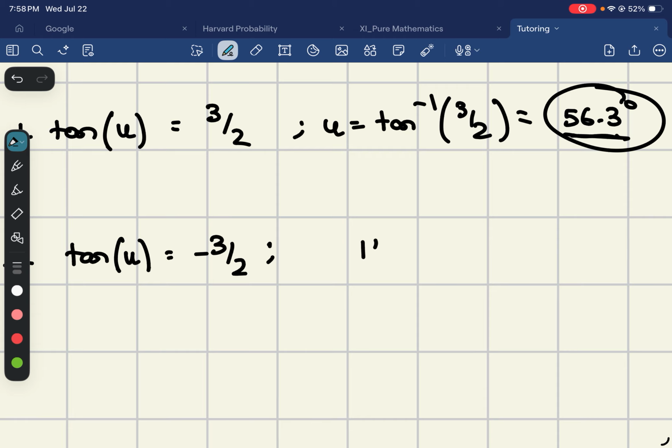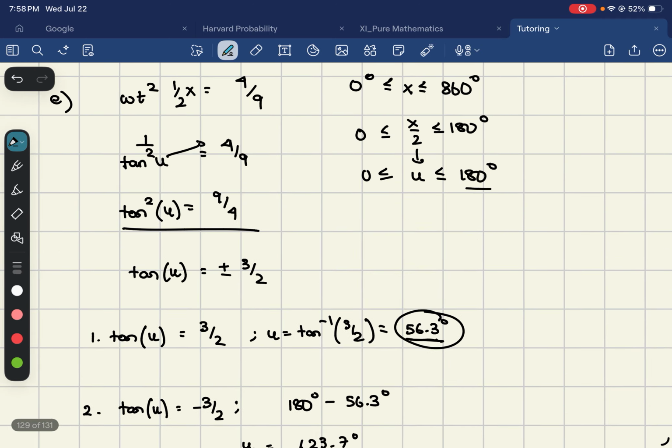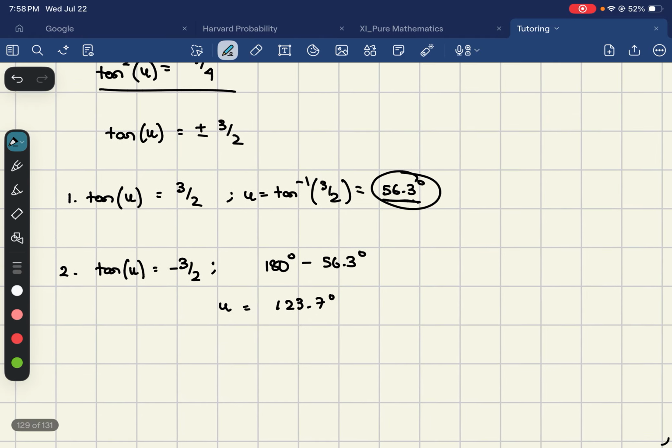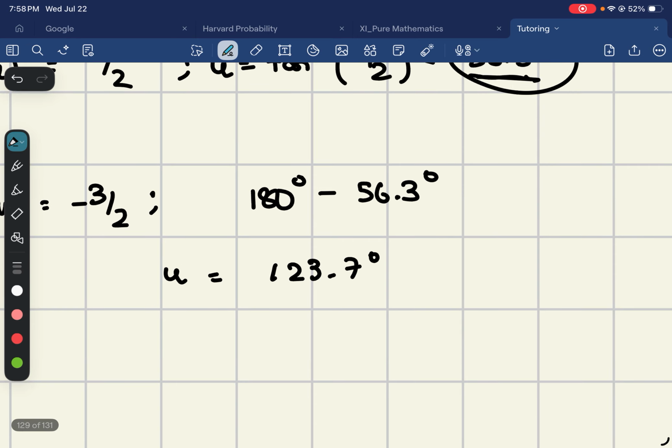Tan is negative in the second quadrant, so 180 degrees minus 56.3 degrees. So that gives me u is equal to 180 minus 56.3. And if you think of the other solution, so this is just 123.7, it's not going to satisfy the inequality of u. So we only have two solutions, 56.3 and 123.7.